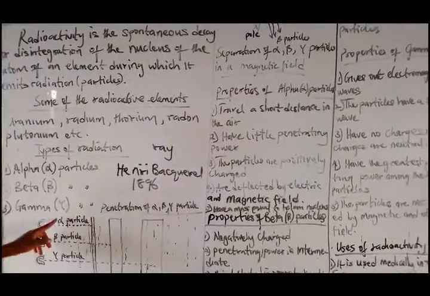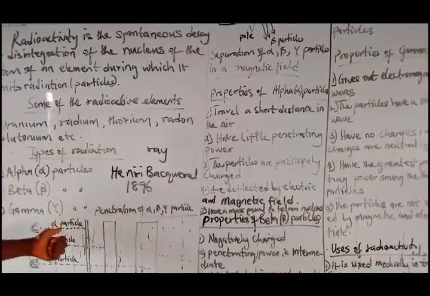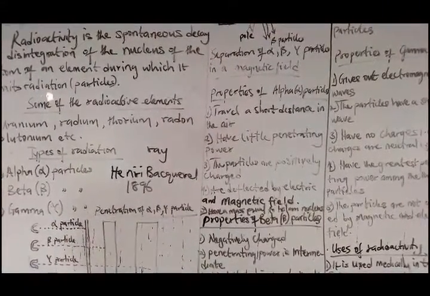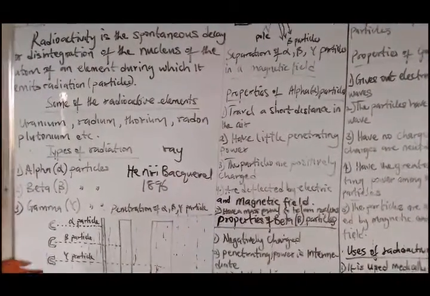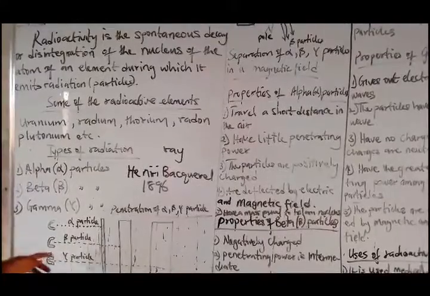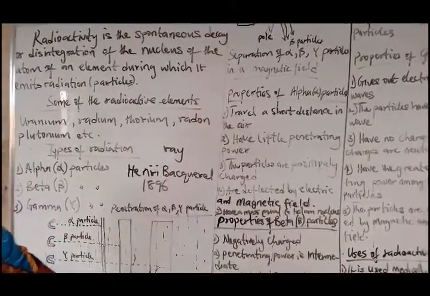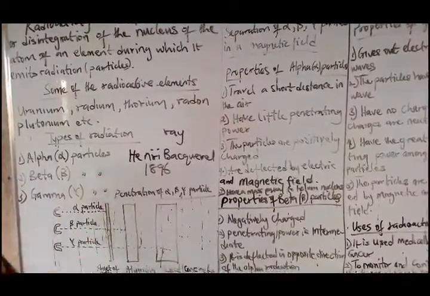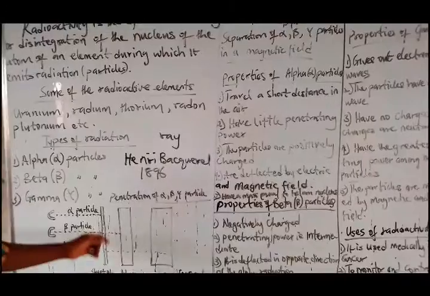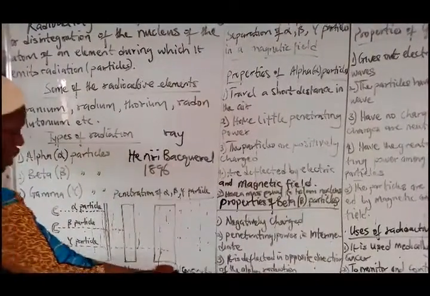The alpha particle cannot pass through a sheet of paper, so it has a small, limited penetrating power. But the beta particle can pass through a sheet of paper but cannot pass through an aluminium sheet. While the gamma particle can pass through a sheet of paper and aluminium, but cannot pass through lead or concrete.